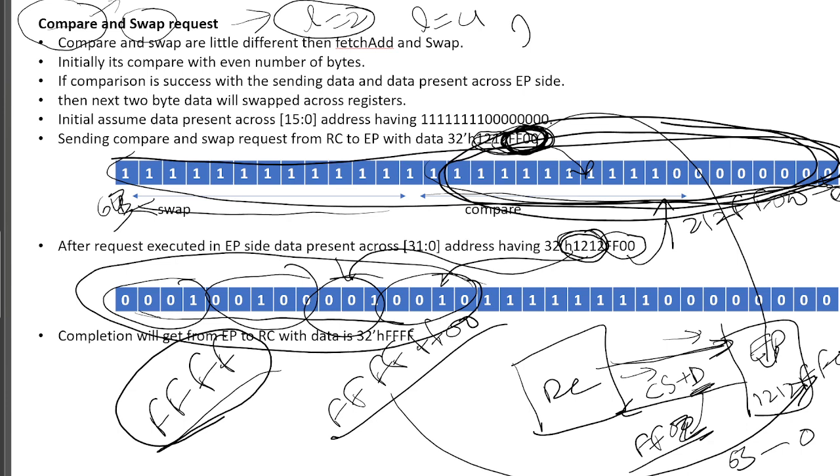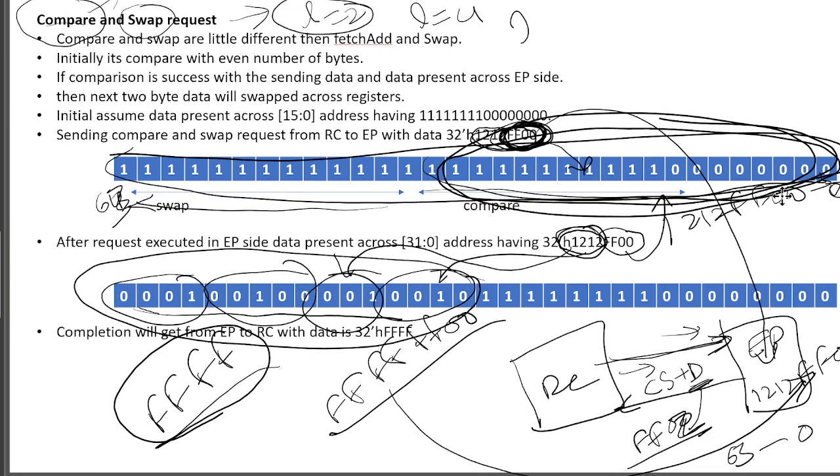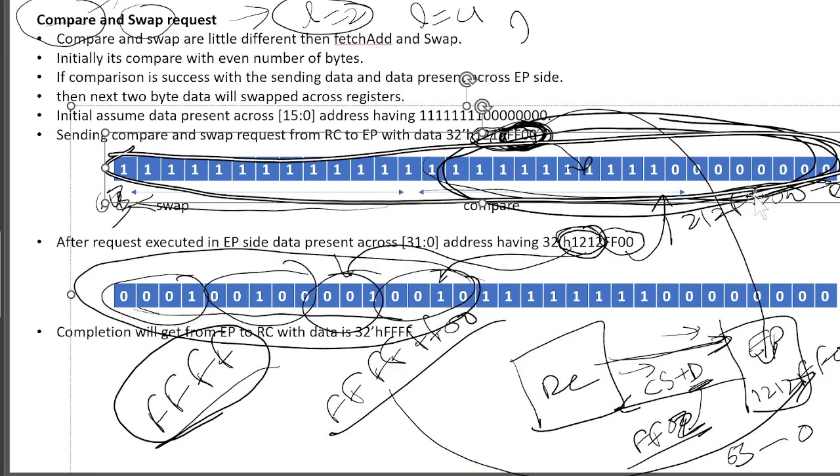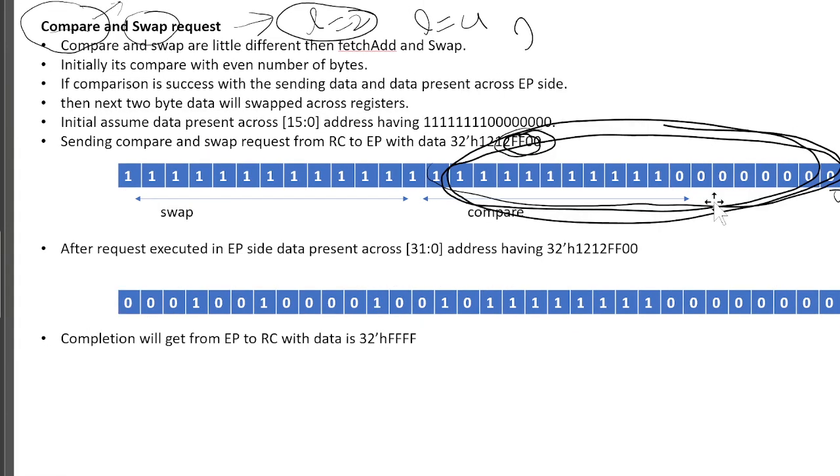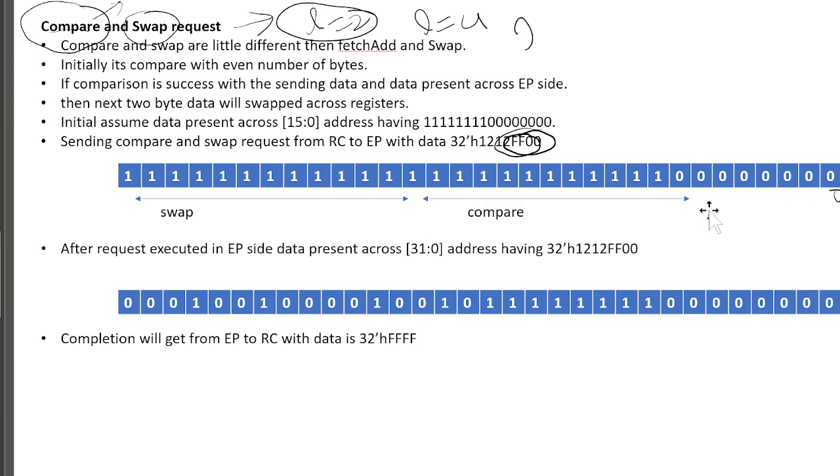So the concept is very simple. Just the first 32 bits will be compared. What is the data you are sending, and what is the existing data? The existing data is FF00 in the first 32 bits. Whatever data you are sending should be the same, and only then the comparison will be done.